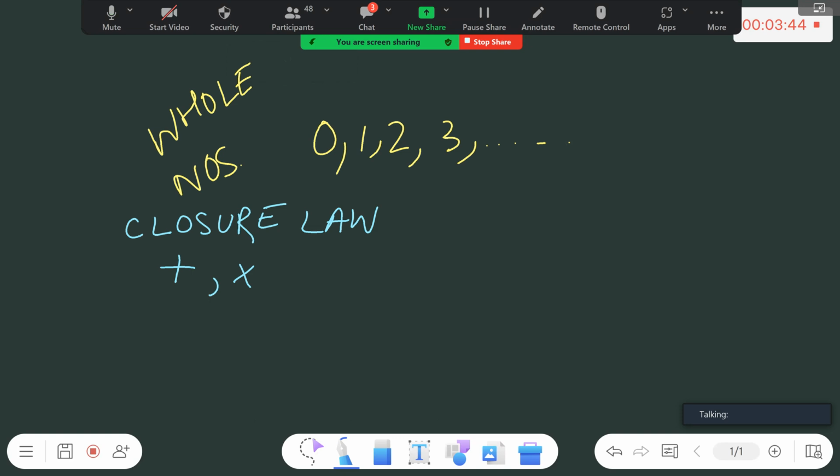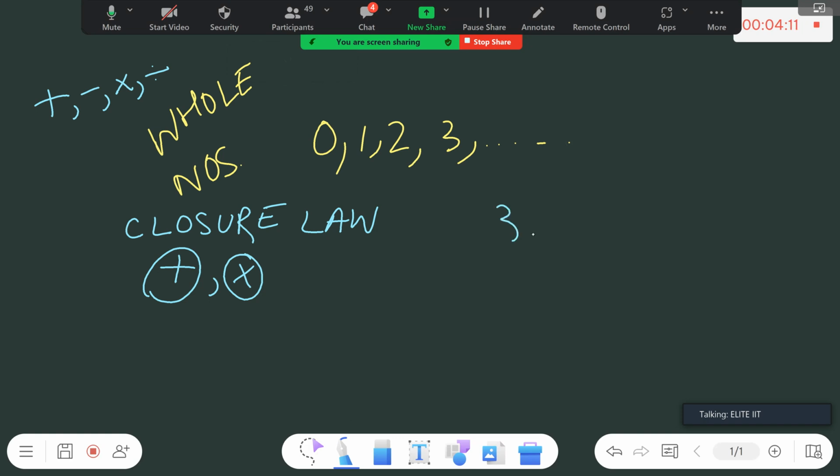What are our four fundamental operations? Addition, subtraction, multiplication, and division. Closure law holds for addition and multiplication only. If you perform addition or multiplication between any two whole numbers, then you will again get a whole number.